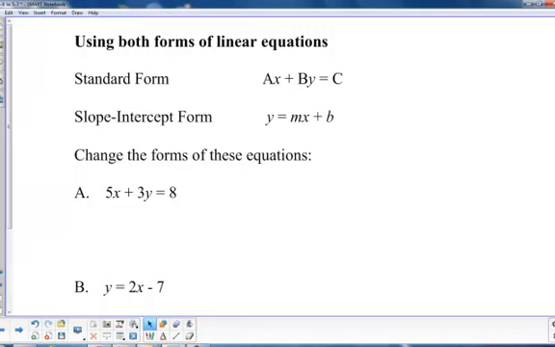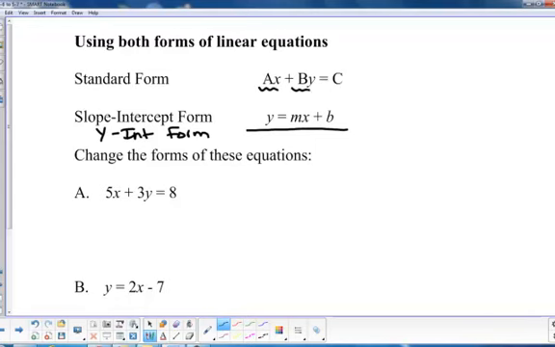So the second form of an equation is standard form. There's 3 forms. We're going to get to point slope in just a minute. So we just conquered slope-intercept form, also known as y-intercept form. Standard form, the x and the y are on the same side of the equation. The coefficient of x and y, the number in front of x and y, that's your a and your b.